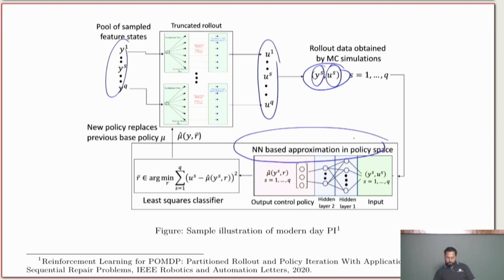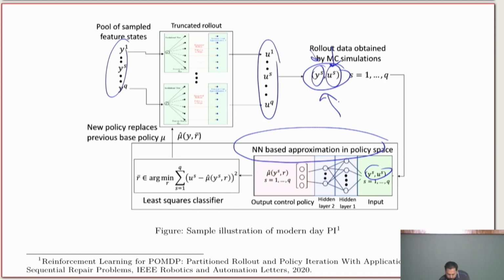So let's say we want to approximate in the policy space, then we need the state and the control. These pairs go in, and then we can build a neural network architecture that will fit this training data. So given a state, what is the control we are supposed to take?